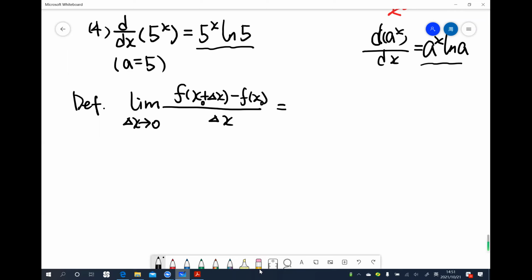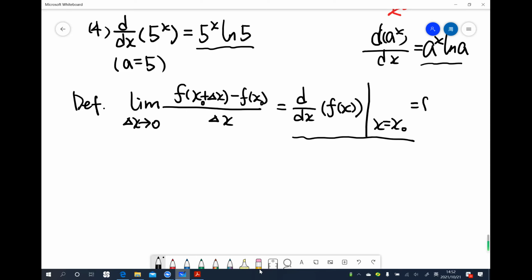That means d divided by dx of f of x, at x equals x0. If I write it as f prime x0, that is not as easy, but you guys like this symbol, so they have the same meaning.